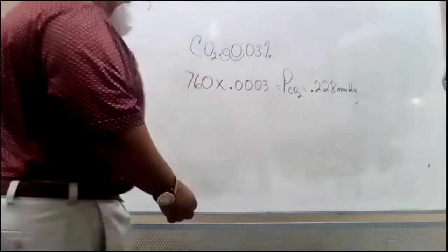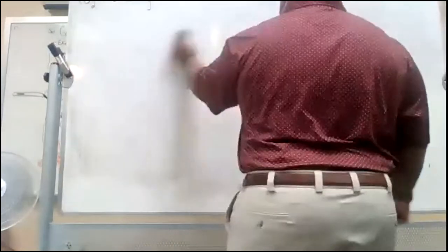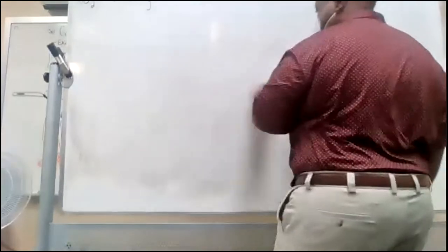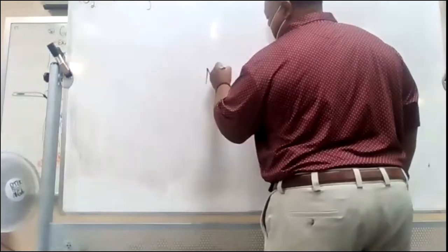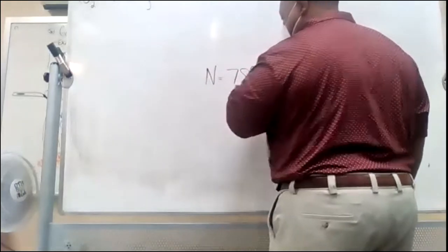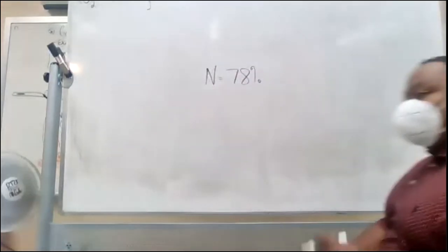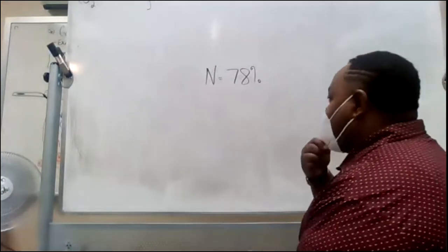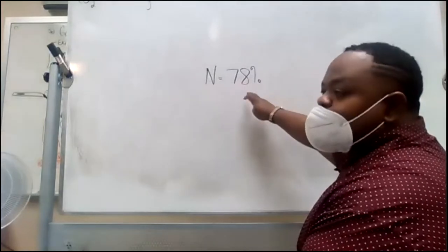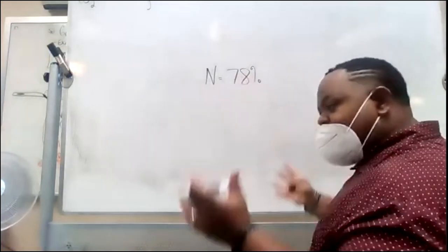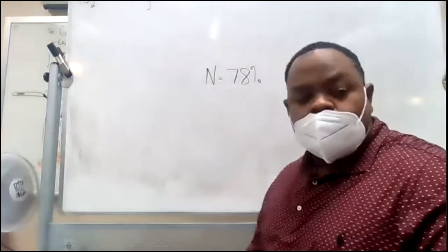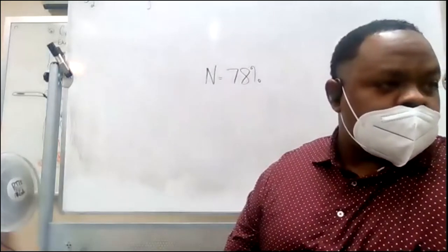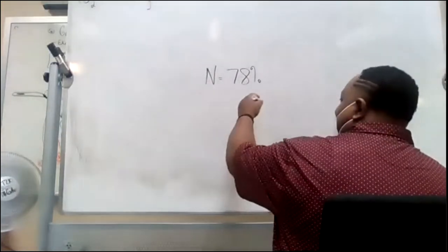All right, the next one we're going to do is nitrogen. Nitrogen is 78% of the atmosphere. If nitrogen is 78% of the atmosphere, how much pressure is nitrogen exerting in the barometric gumbo? 592.8.